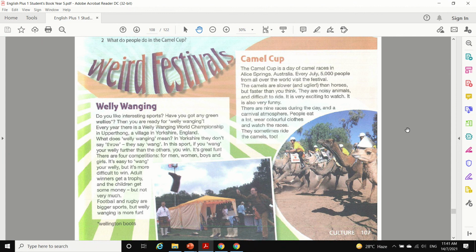If you get the chance, you can ride a camel too. Sometimes people leave their camels beside the track, and you can ask if you can try riding. They are happy to let you ride. So this is the festival in Australia.